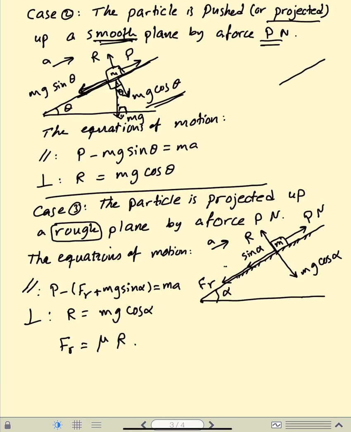Look, this is the plane. This is the weight. This one is theta. And this one, look, this is the right angle. So this weight, my dear students, look, the same idea.